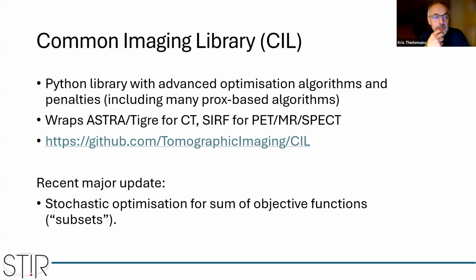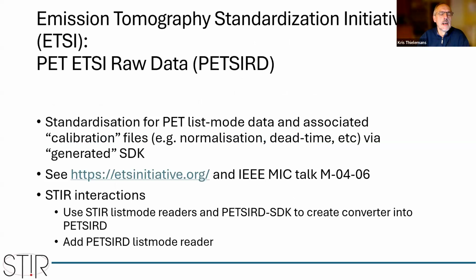So many different algorithms are available in STIR, and you can do your PET reconstructions like that with much better results than you can get with OSEM and so on. I'll come back to that in a minute.